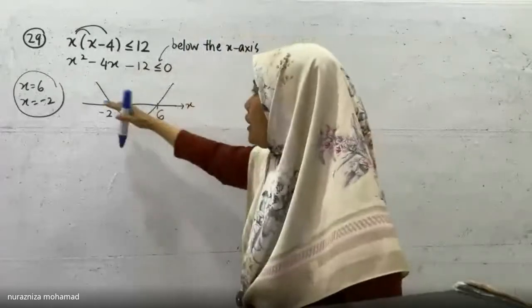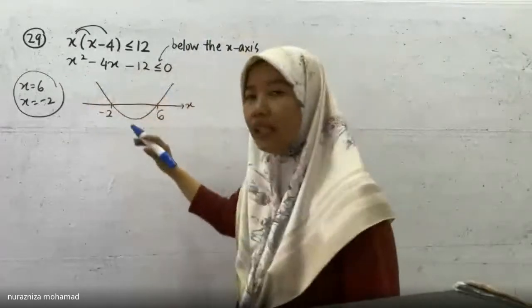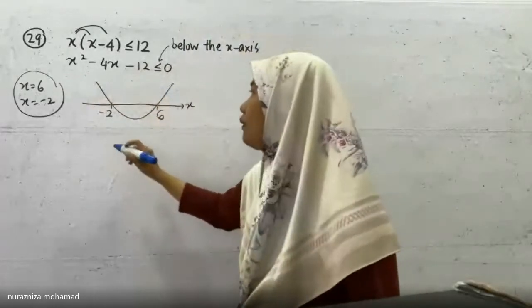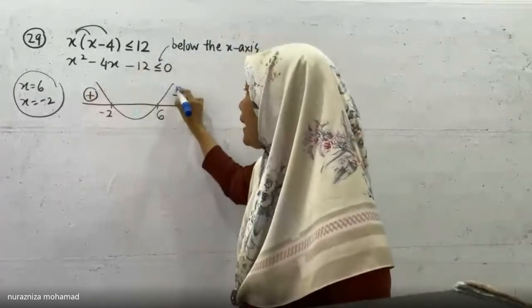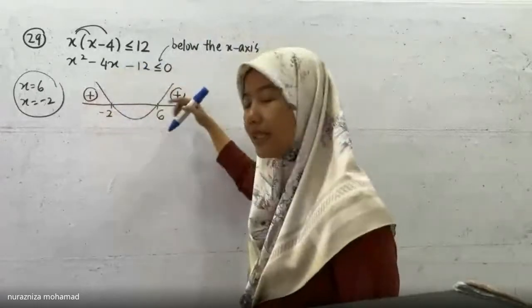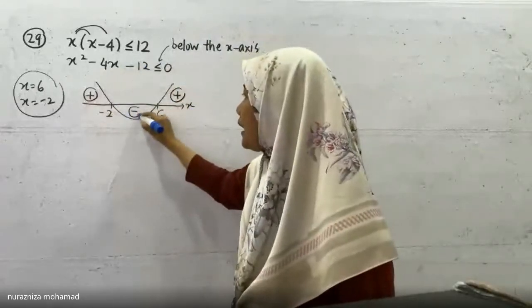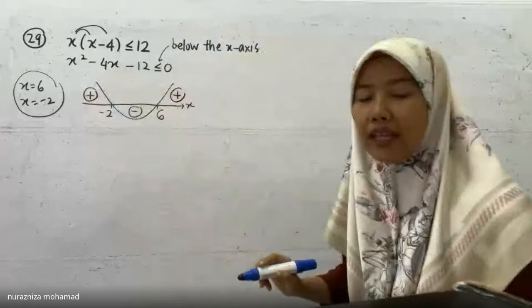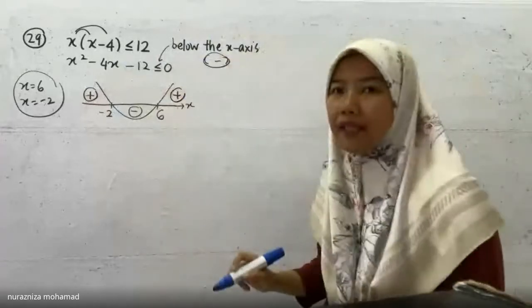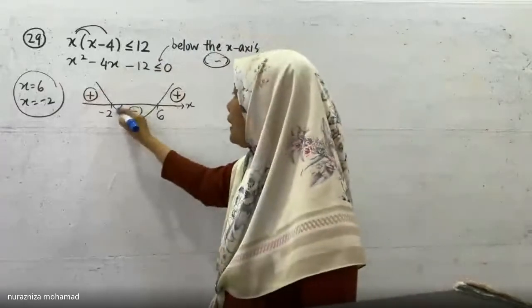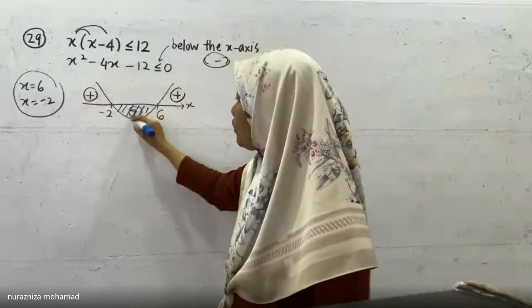So therefore, this is the x-axis. There are three parts of the graph. This is the positive part, which is above the x-axis, and this is the negative part, which is below the x-axis. Okay, below the x-axis, which is the negative part. So it means the x will be here.